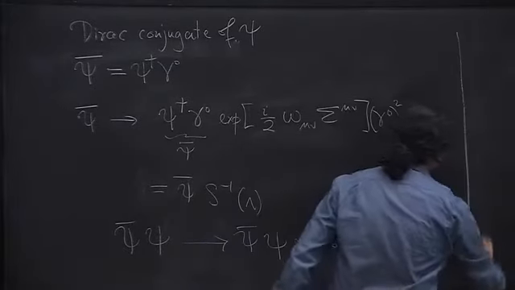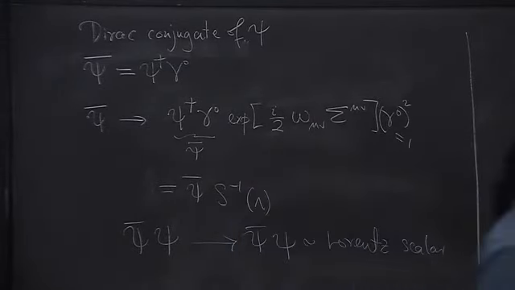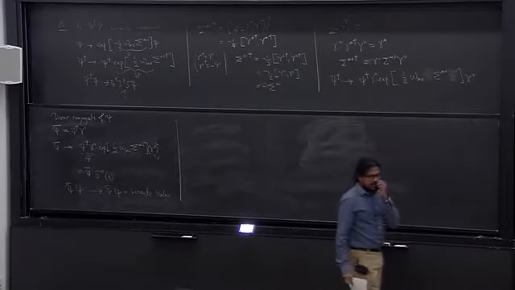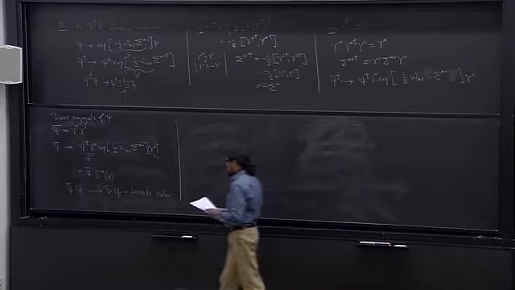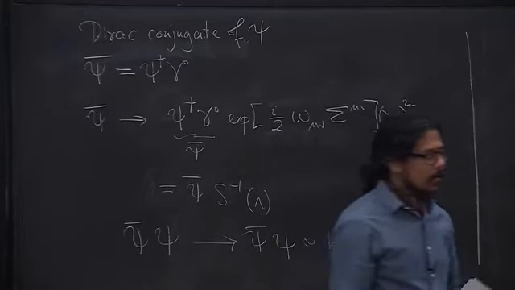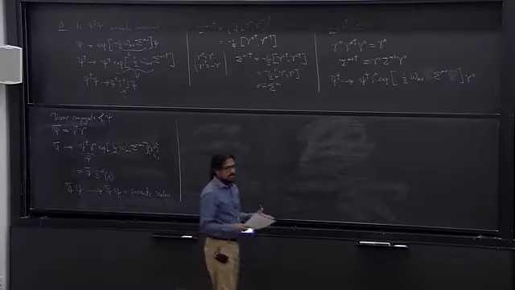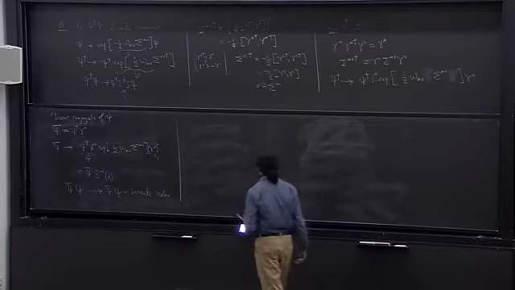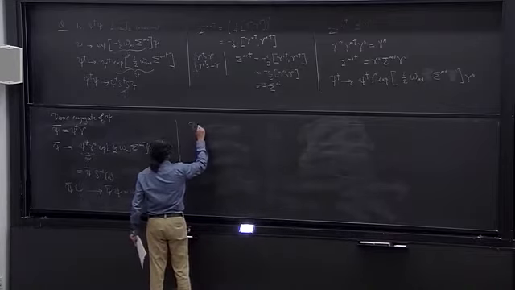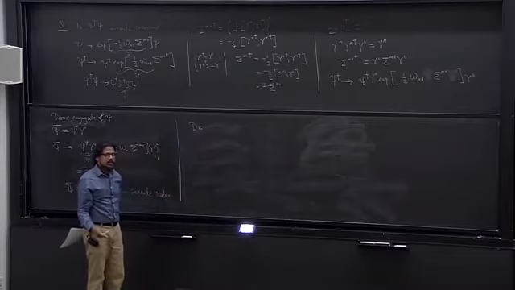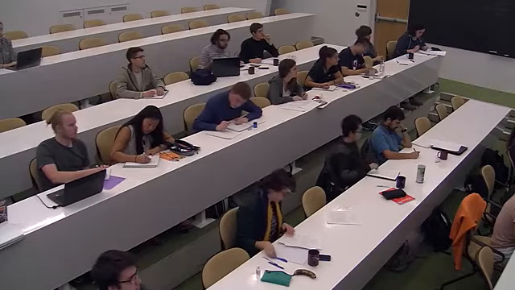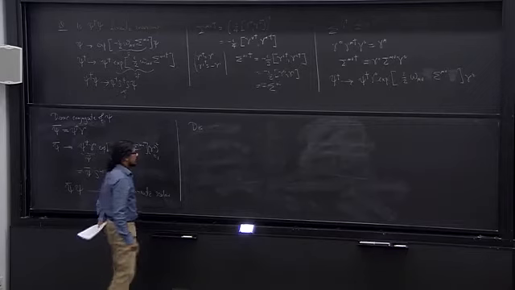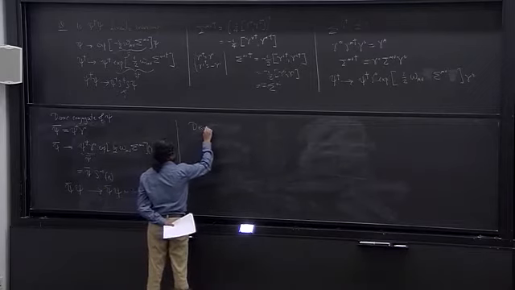So now I want to construct other types of objects out of spinor bilinears. It's convenient to organize these objects according to how they transform under parity. We're going to come back to discrete symmetries in the next lecture to do a more thorough job, but today I'm just going to introduce parity so that we can organize the Lorentz covariance.